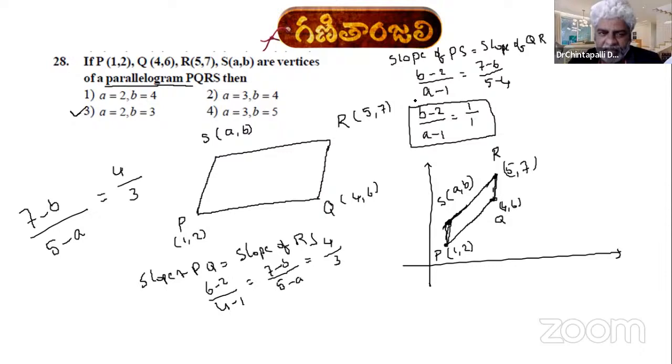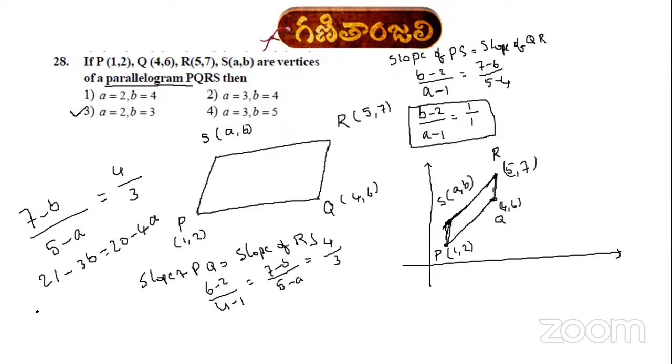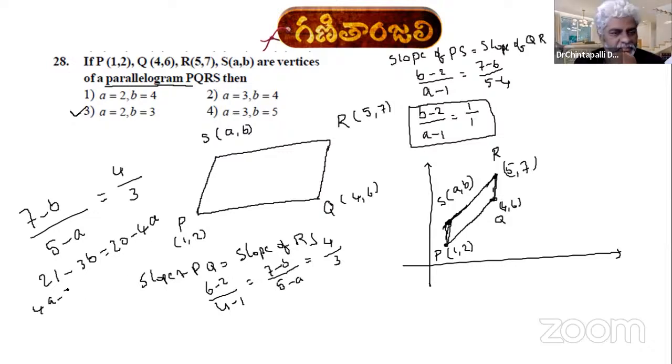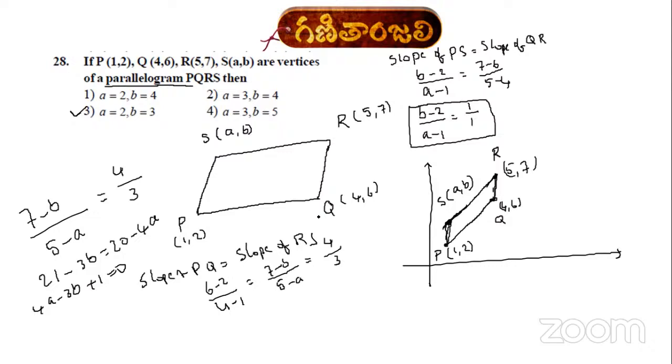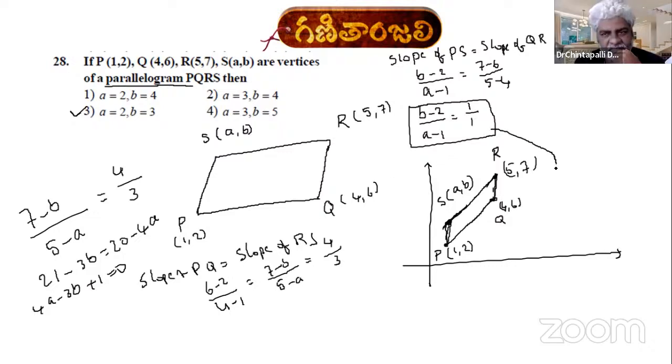The traditional method to solve this sum is to do cross multiplication. 7 threes are 21 minus 3b, equals 20 minus 4a, right? Minus 4a will become plus 4a, so 4a minus 3b plus 1 is equal to 0. And for this, a minus 1 is equal to b minus 2.